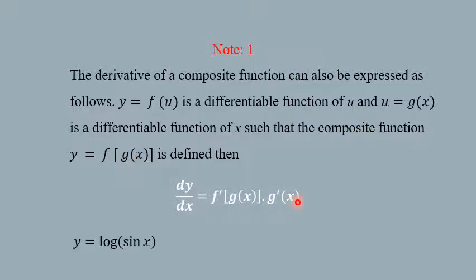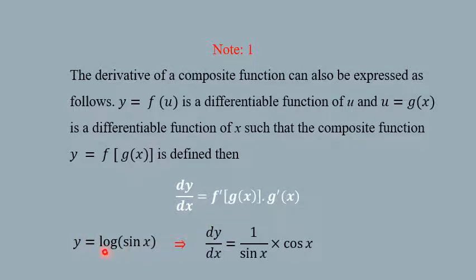For example, let us consider one composite function y is equal to log of sin x. Here the derivative of log x is 1 upon x, while the derivative of sin x is cos x, and now we are going to find the derivative of this composite function. The derivative of y is dy by dx.